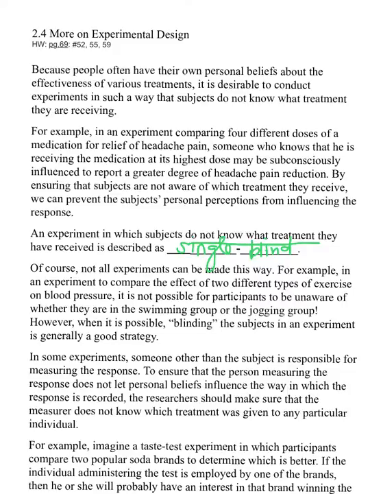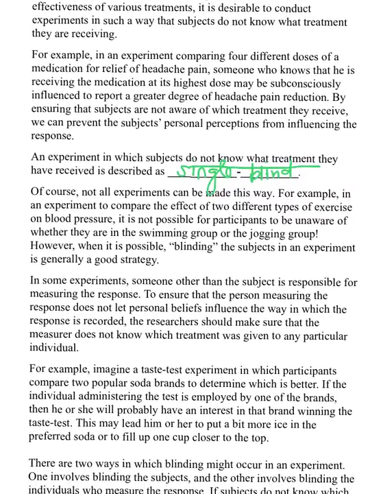Now, this isn't always possible. For example, in the temperature in the classroom experiment, they would know what temperature the classroom is. You can't blind them to which temperature room they're in. So it's not always possible, but if you can, it's a good strategy to have that in your experiment.